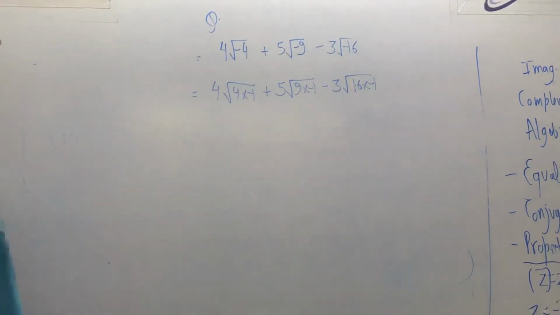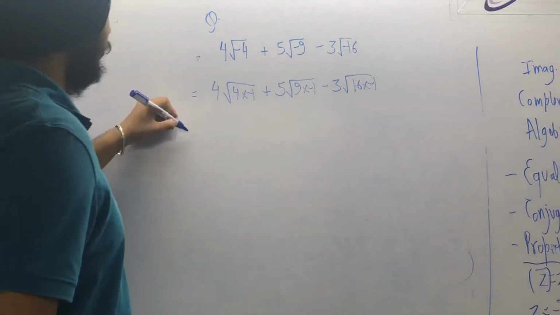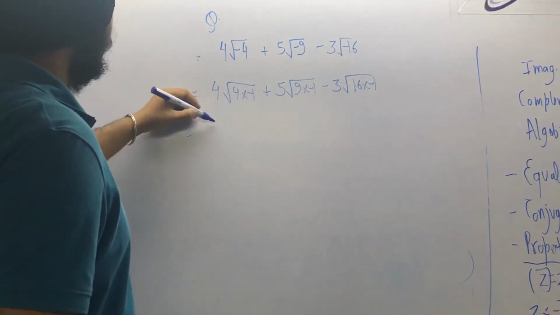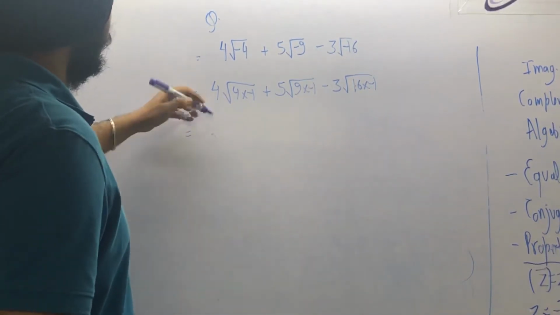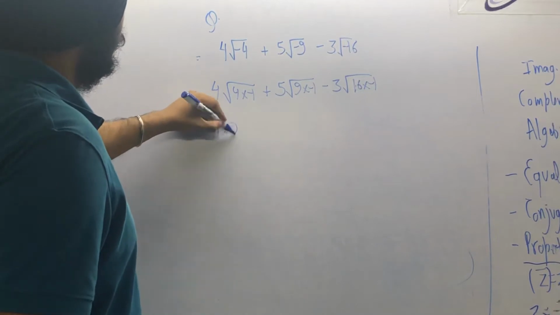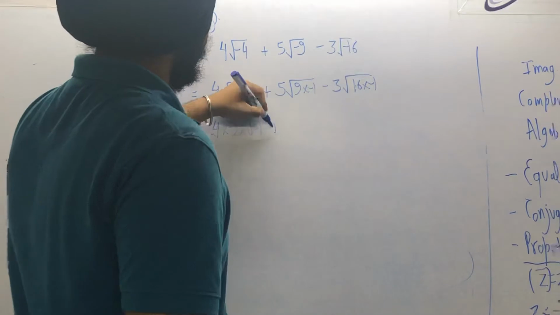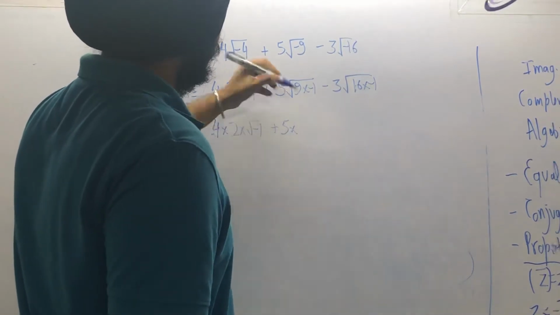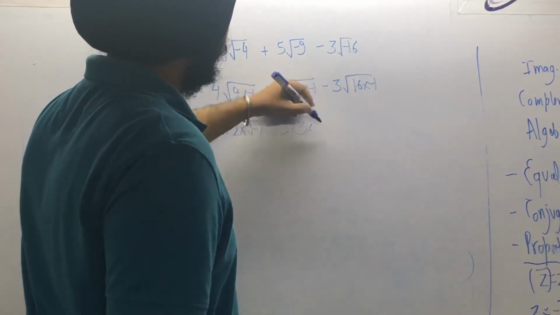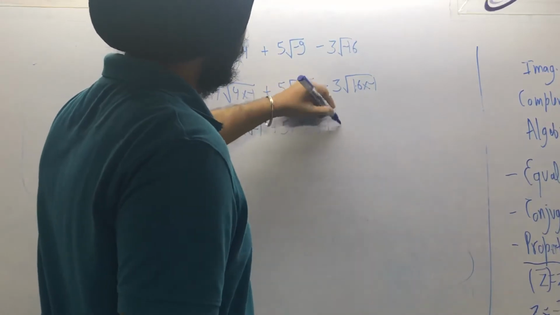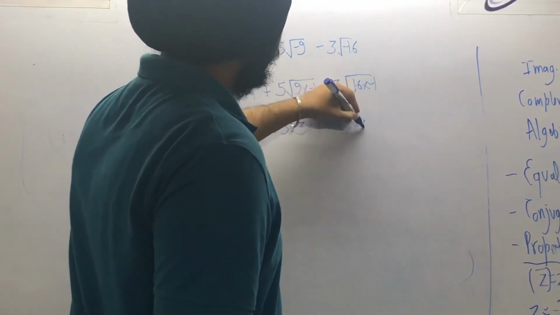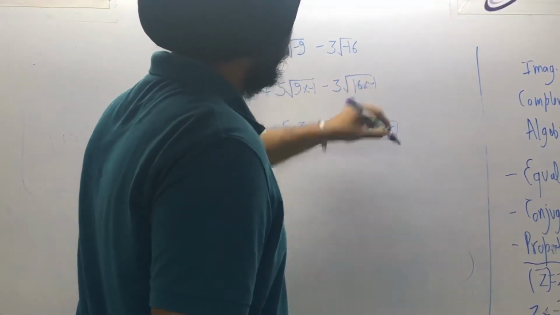Okay, now what is the square root of 4? 4 2s are 8. So 4 into 2 into root of minus 1, okay, plus 5 into 3 into root of minus 1 minus 3 into 4 into root of minus 1.